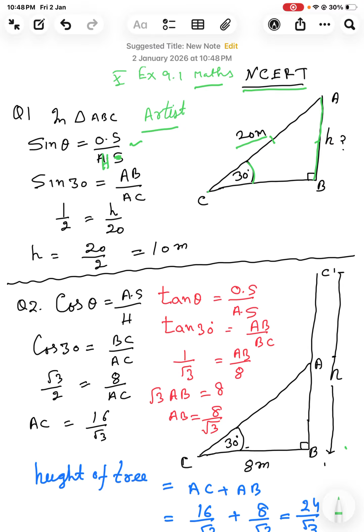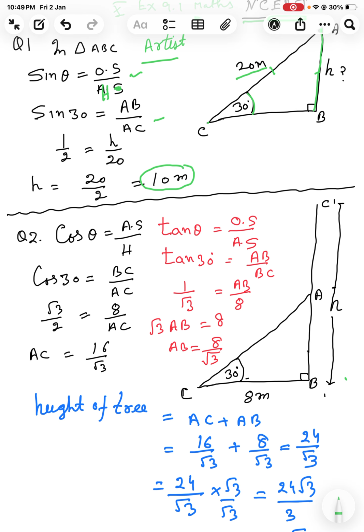Sine 30 equals AB upon AC, so 1 upon 2 equals h upon 20. Therefore, the height of the pole is 10 meters.